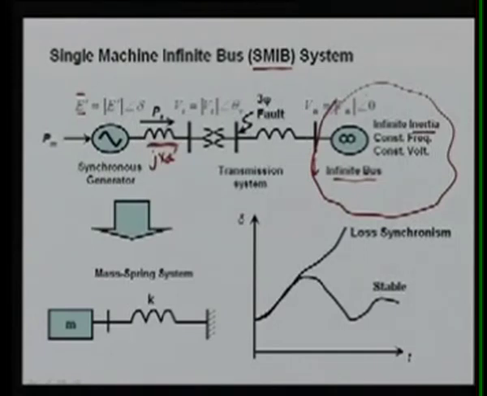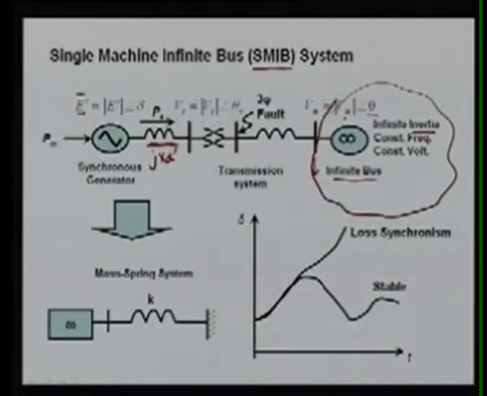And the voltage here, as I said, is V infinity, written with angle 0, and with reference to this angle we have taken the angle delta. This is your transformer, this is the terminal voltage of the generator, and this is another bus where a line is connected and it has some impedance.